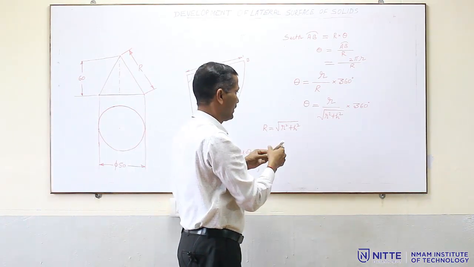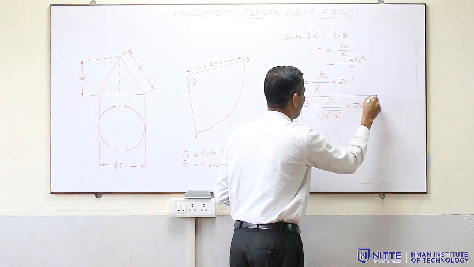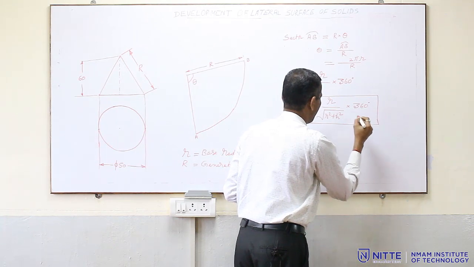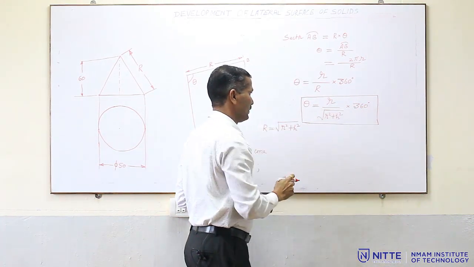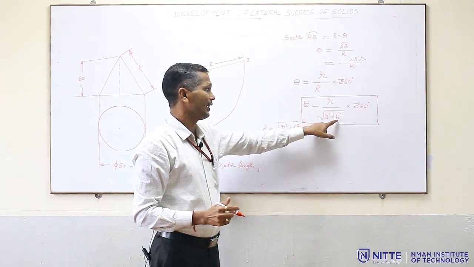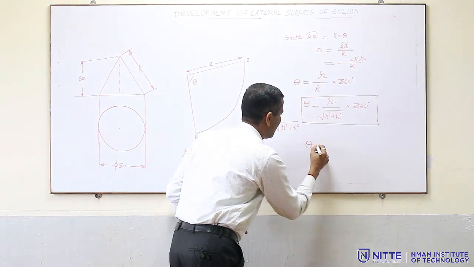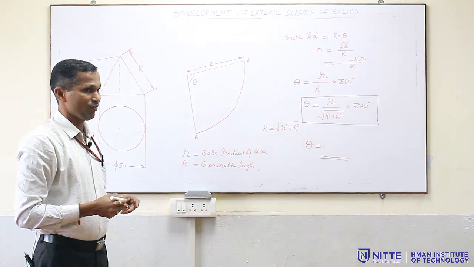If you substitute here, we will get the value of theta equal to r divided by the square root of r squared plus h squared, into 360. So, here you have to substitute the value of r and height, then we will get some value for theta. That is the first step for the development of the cone.